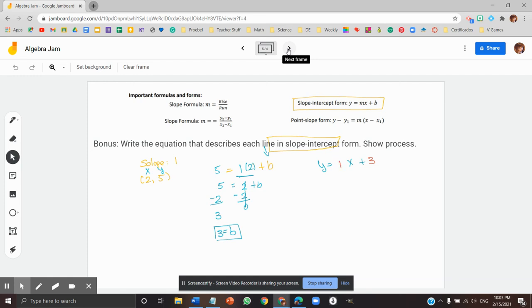And I don't have to write that 1, because if it's just 1 times something, it's going to be that something. So I can rewrite this as y equals x plus 3, and that will be my solution for that one.